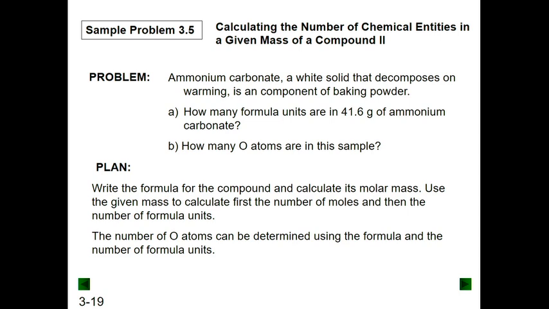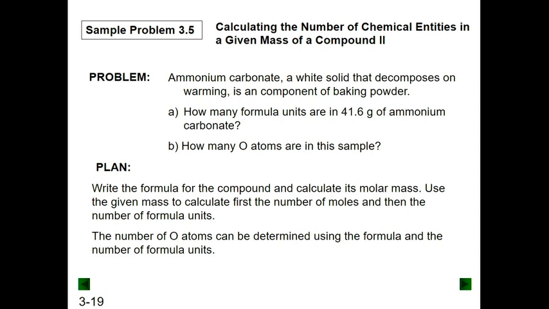Then after, the problem is asking us about how many oxygen atoms are in this sample. So if we want to continue, we can continue this calculation because we know that 1 formula unit of ammonium carbonate contains how many atoms of oxygen? Based on the molecular formula. How many? 3. So it's very simple.